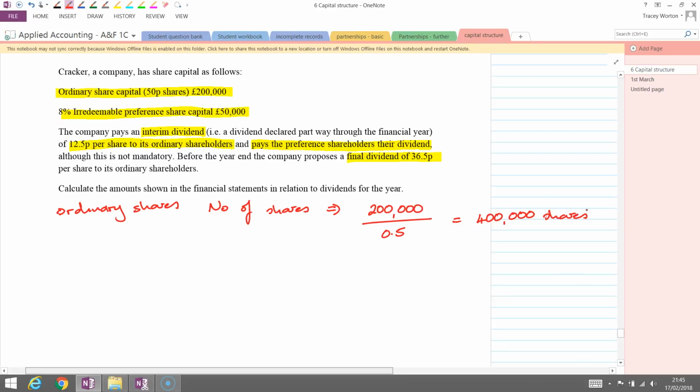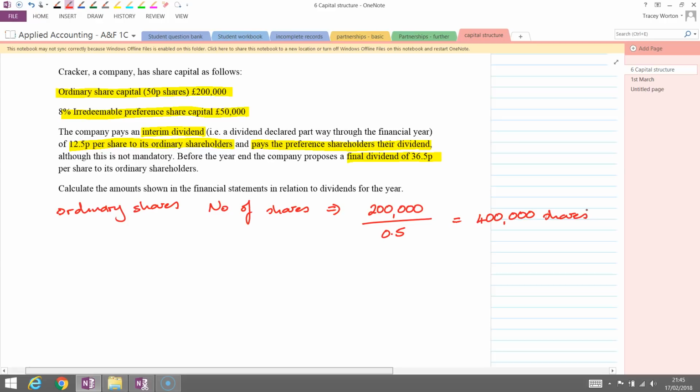For every pound of share capital, there are 2 shares in issue because they're 50p each, so you could do 200,000 times 2 to get the 400,000 shares. However, it's probably easier to get it correct if you actually divide it by the actual face value of the shares.